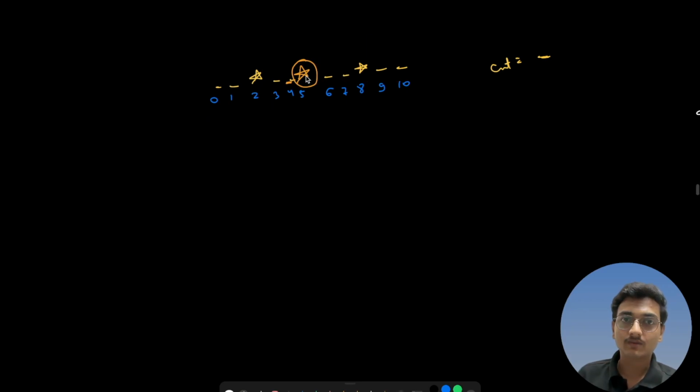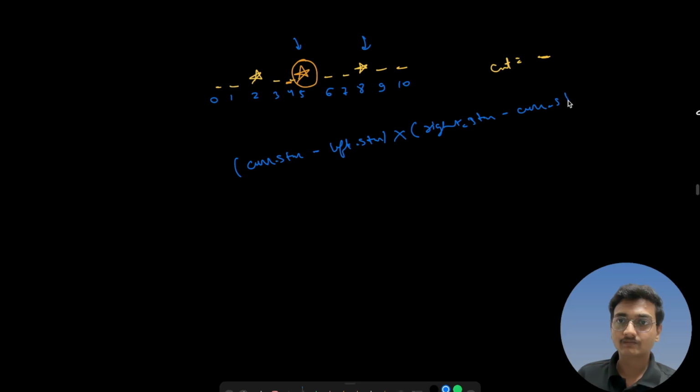So to calculate substrings in this part, what formula can I use? Let me write the formula. Its index is 5, right? Can I name it current star? Current star is basically the index of this star. So my formula can be (current star minus left star) into (right star minus current star), where right star is the index of this one.